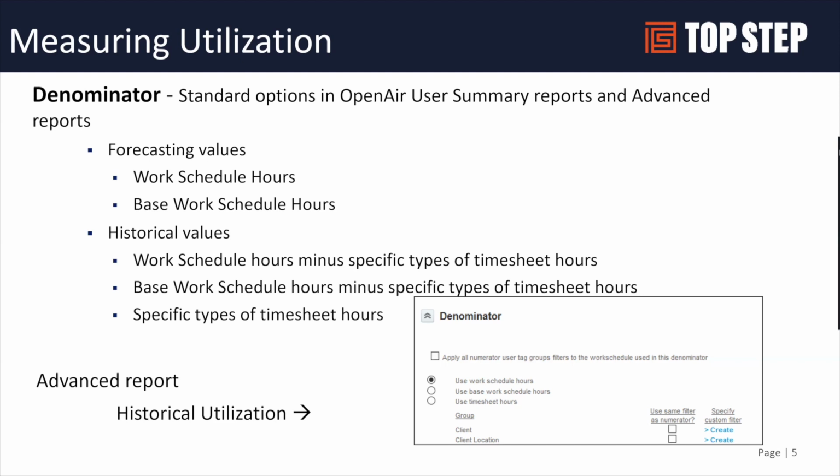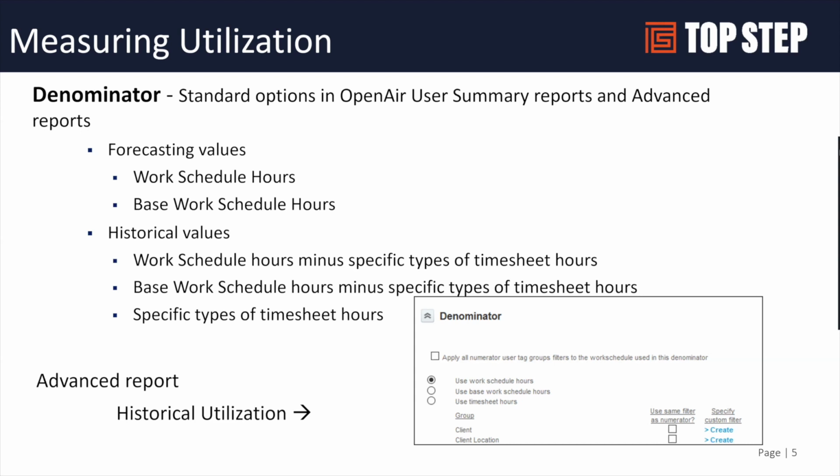The reports that we generally see there are a user summary report, as well as some historical utilization reports predefined in advanced reports. For these out of the box type reports, you get a couple of different options: work schedule hours and base work schedule hours.